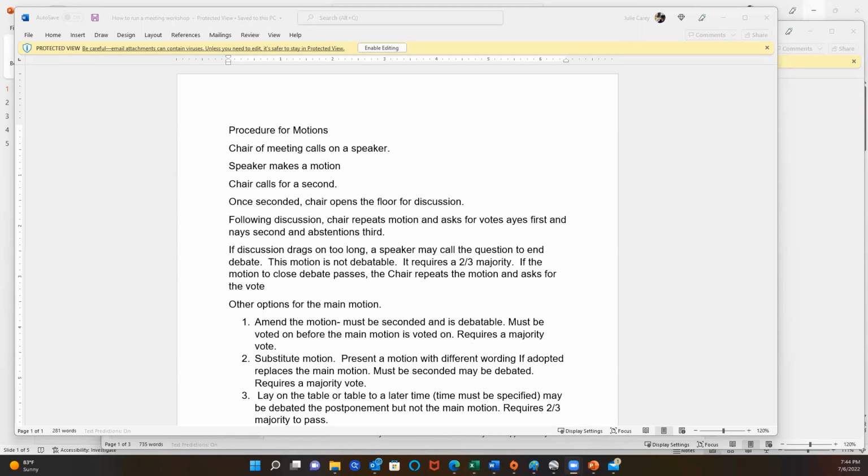So we've gotten all the way down to the minutes. The remainder of the agenda is going to cover your reports from your Commodore or your commander or your chief of staff or your vice commander, your division commanders, flotilla commanders, and then the chief of staff will take over your staff reports.